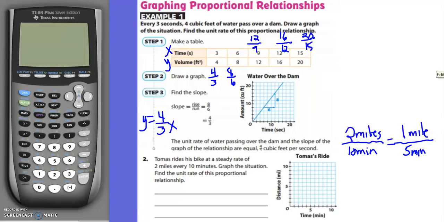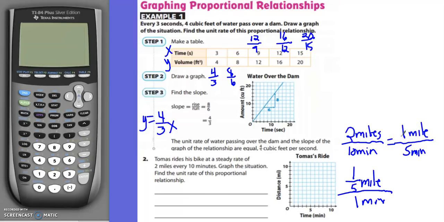Okay, and if we want it as a unit rate, we could say 1/5 of a mile in 1 minute. Okay, unit rate and slope are the same thing.